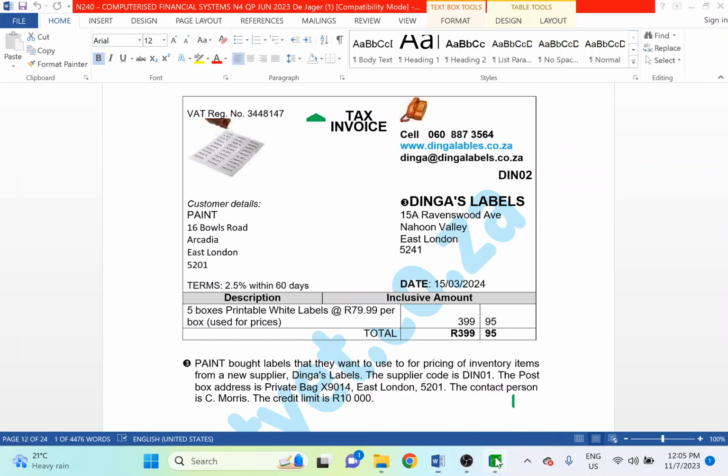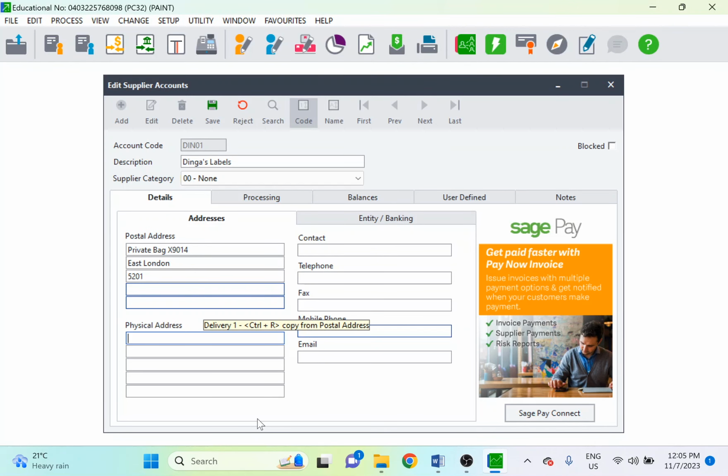So under address, we're going to have 15A Ravenswood Avenue, Nahun Valley, East London, 5241. That is their physical address. Contact person, it's C. Morris.